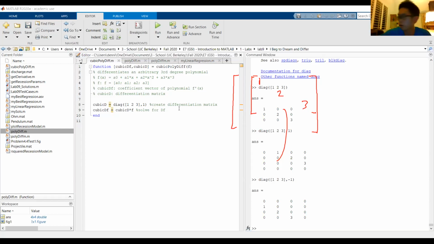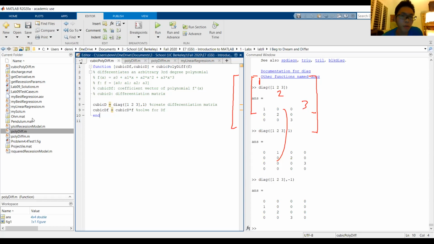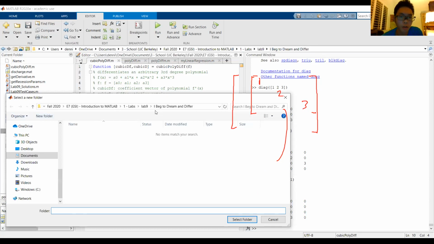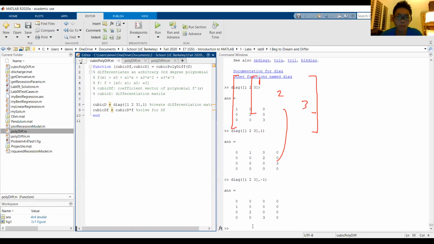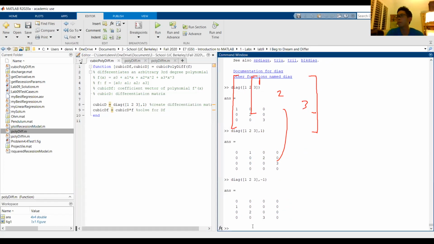And then, have I set this up properly? Let's go to the correct one. Yeah, okay, this is the correct one. Okay, let's test it out. Someone give me a 4-element vector.